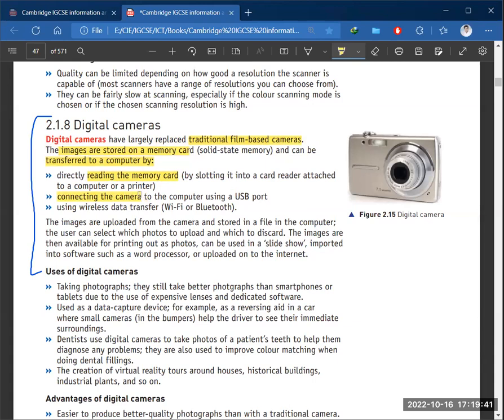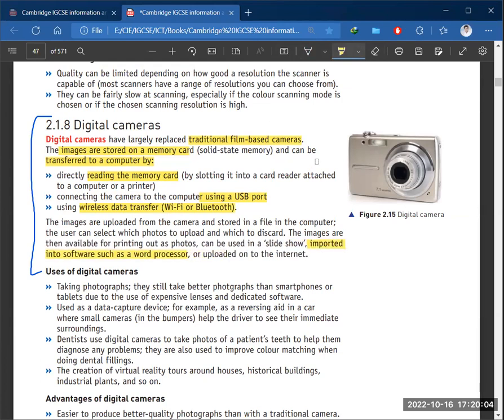The images are uploaded from the camera and stored in a file in the computer. The user can select which photos to upload and which to discard. The images are then available for printing out as photos, can be used in a slideshow, imported into software such as a word processor, or uploaded on the internet.